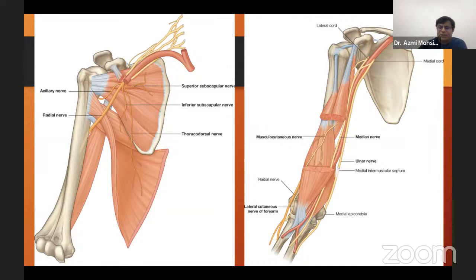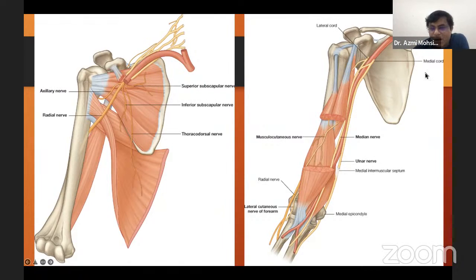There was a question regarding the relation of the brachial artery and ulnar nerve at the mid of the arm, because everybody knows that the ulnar nerve passes behind the medial epicondyle of the humerus. And you know, there's a changing pattern of the relation between the brachial artery and the median nerve.